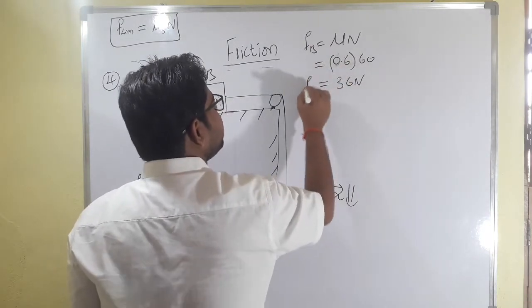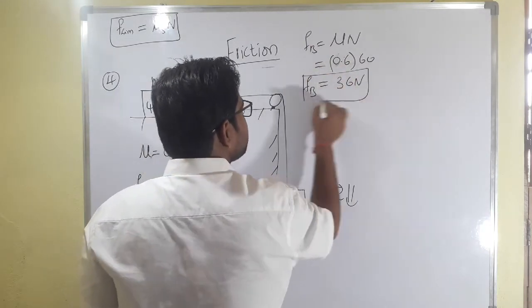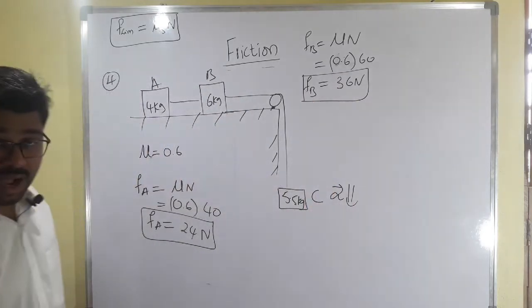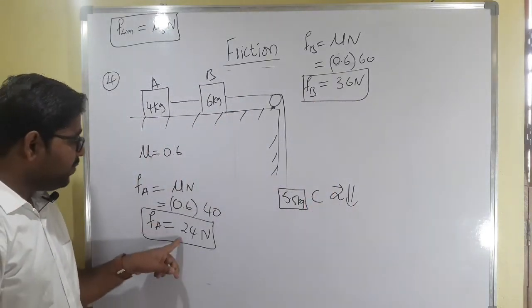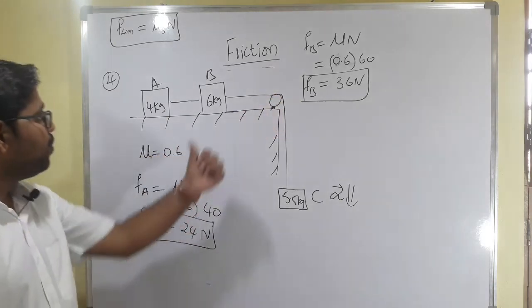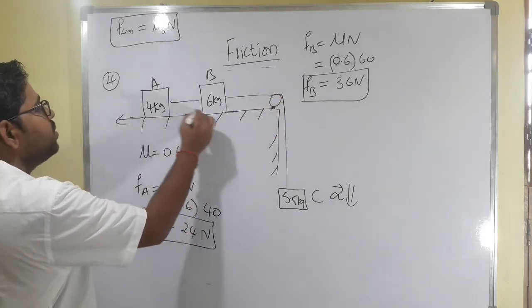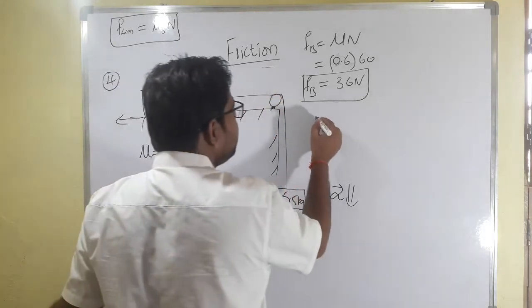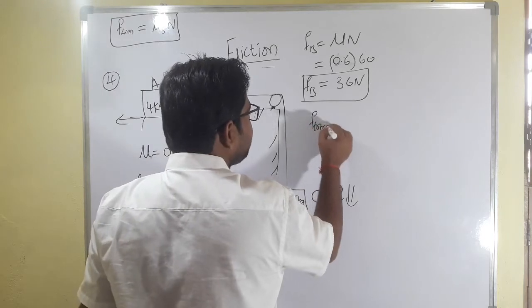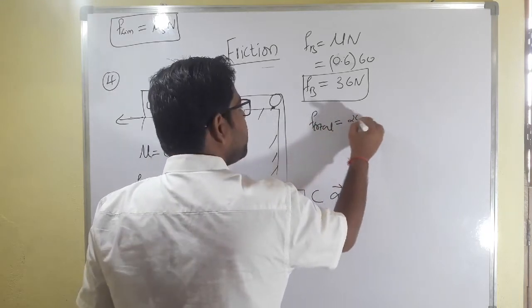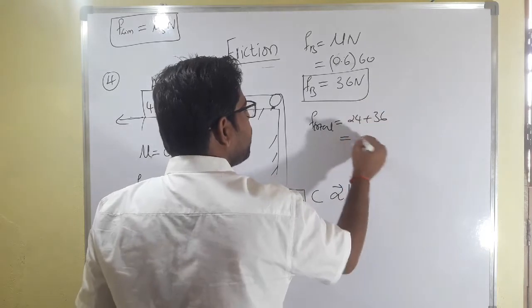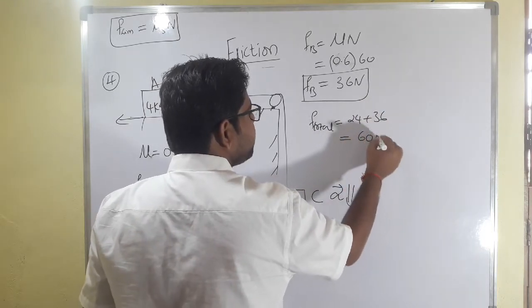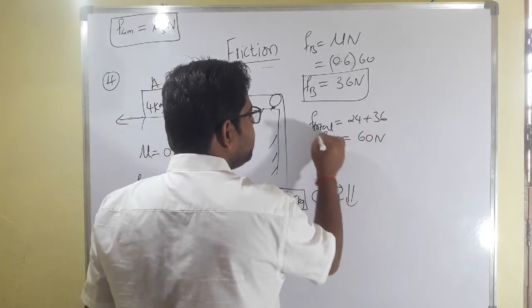So FB is equal to 36 Newton. The total opposing force is 24 Newton plus 36 Newton, both acting in this direction, so F total is equal to 60 Newton.